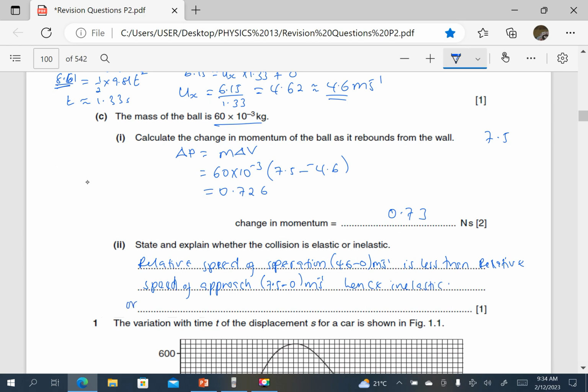Alternatively, you can check the kinetic energy. Of course, if the speeds are different, it means the kinetic energy is different.